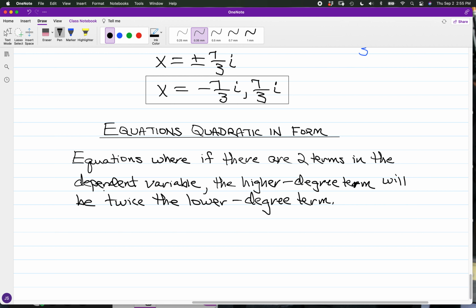And just samples of equations quadratic in form. Now, they might look like quadratic equations, and I guess in a sense they are, but we're looking at other degrees as well. And we're not solving for x or whatever variable is involved yet.